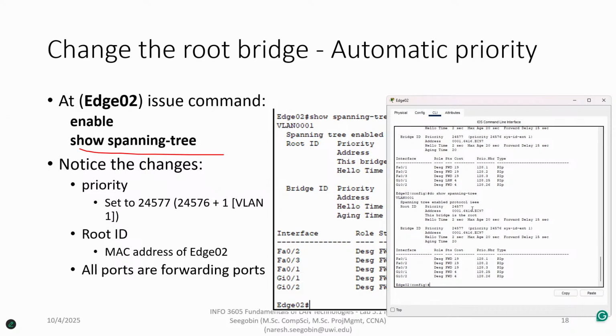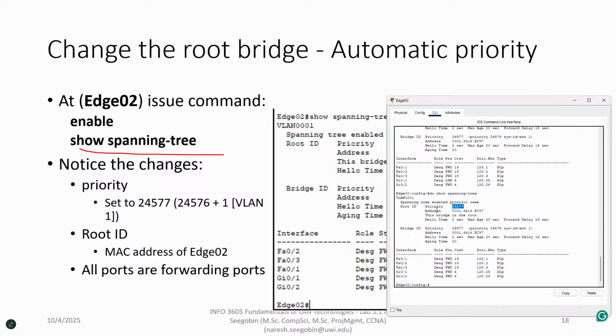What we're looking at, we notice some things. The priority is 24,577, and the bridge is the root. The priority is lower than everybody else. The default is 32,768, right? But if you do this, how do you get 24,577?